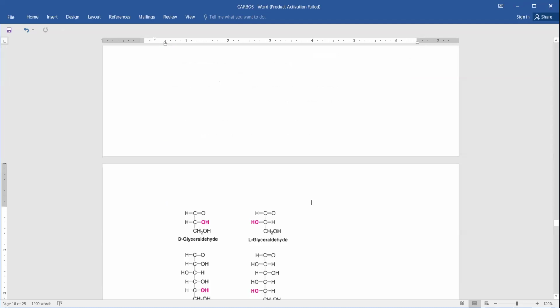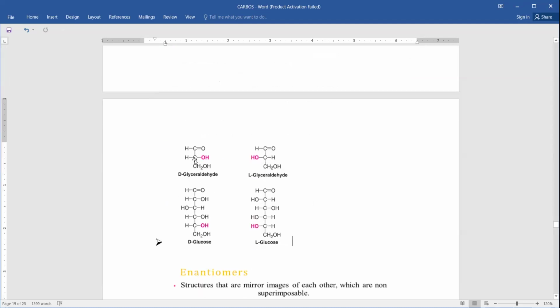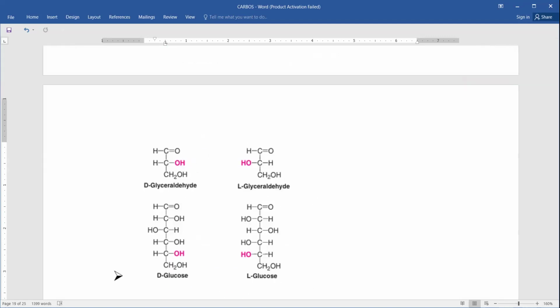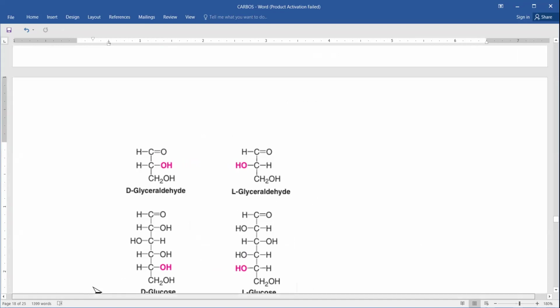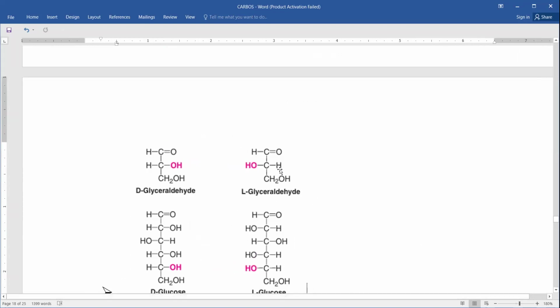In yesterday's class, I told you that a carbon having four different functional groups is asymmetric. Here H, OH, CHO, CH2OH. So this is a single asymmetric carbon.